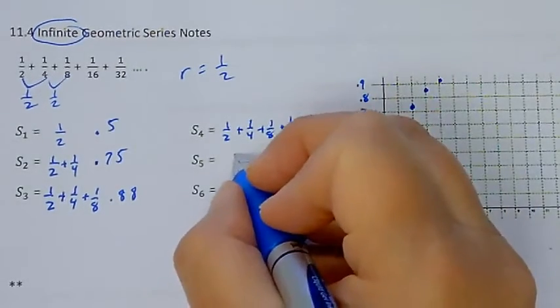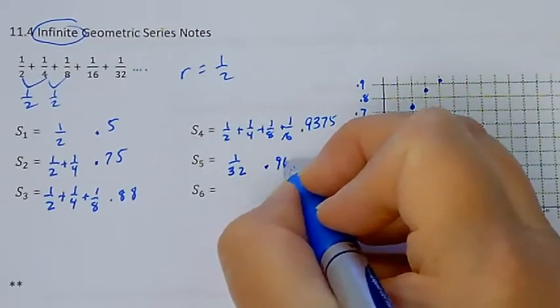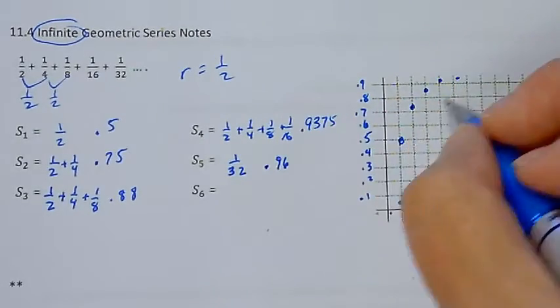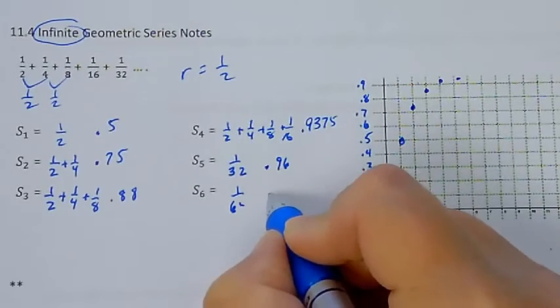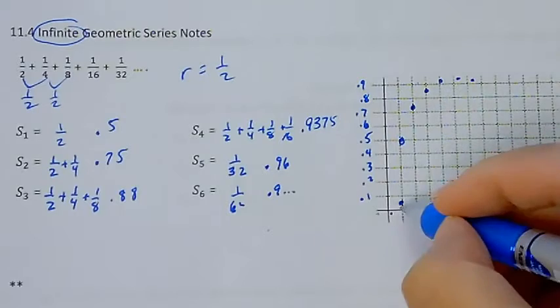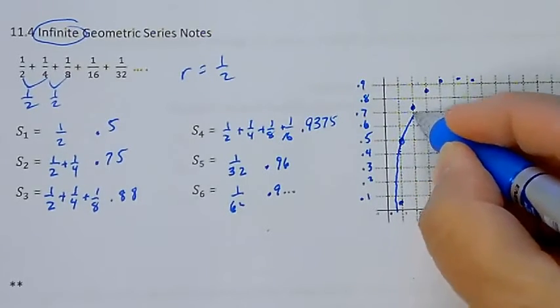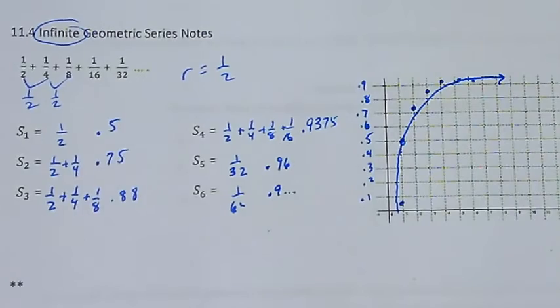When you add that number plus 1/32, you get 0.96875. If you add that plus a 64th, you get 0.9 something something. So at first we have a pretty large jump, but then it starts to balance out.